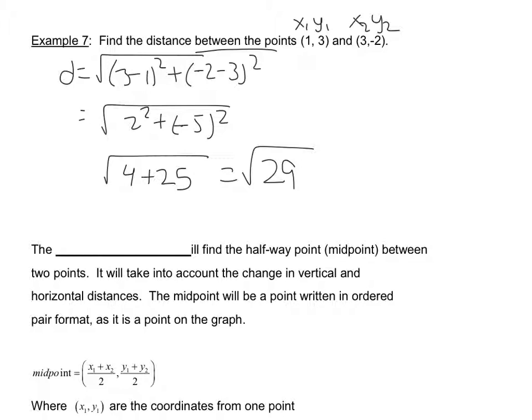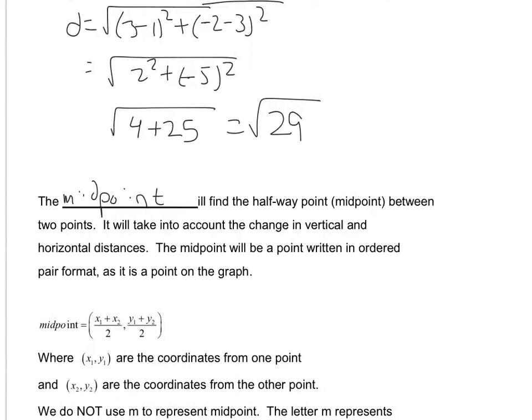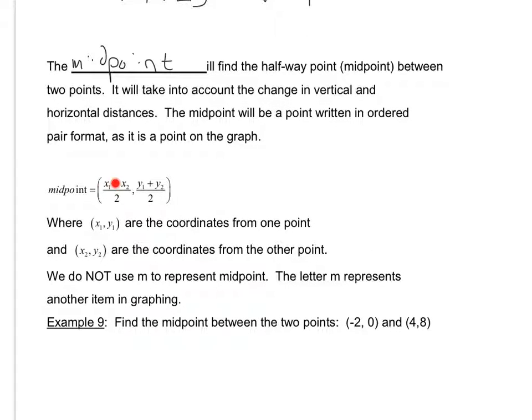So let's take a look at some more. So here, the midpoint, we'll find the halfway point or midpoint between 2 points. So here's the midpoint formula equation. x1 plus x2 divided by 2, comma y1 plus y2 divided by 2. So find the midpoint between these 2 points.